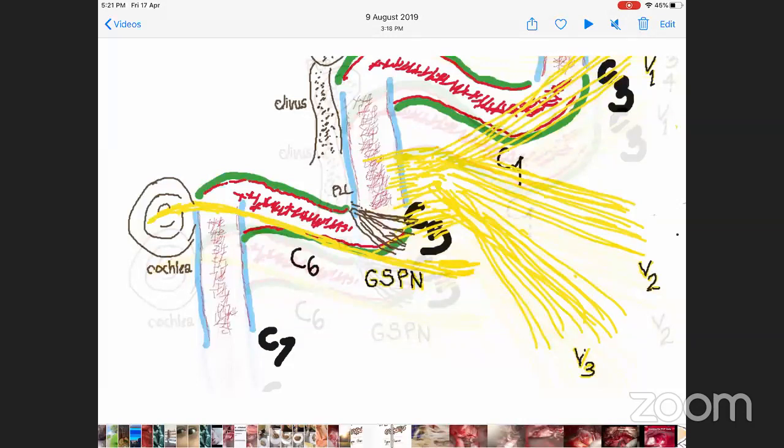Now, if you go behind the C7 segment, you see that the C7 segment, the parapharyngeal segment, is coming up anterior to a structure, and that structure is the cochlea.